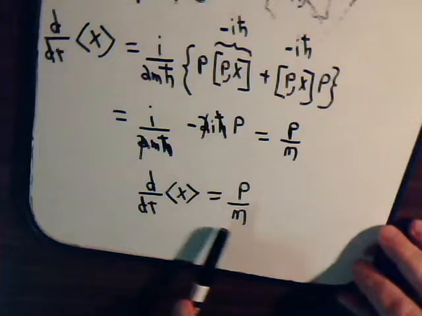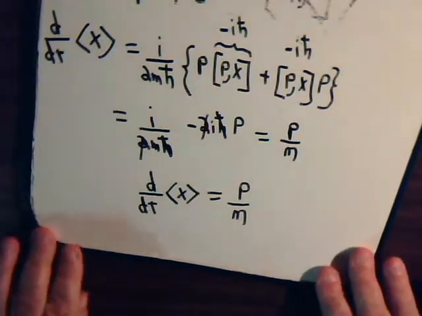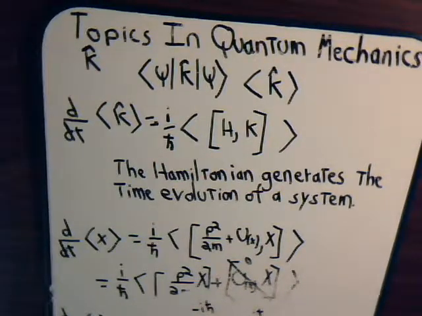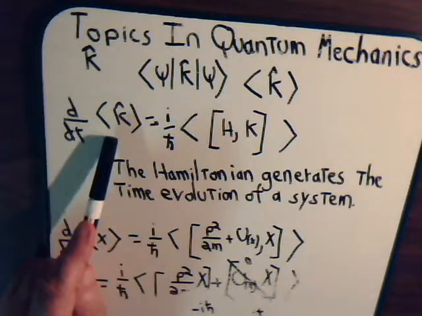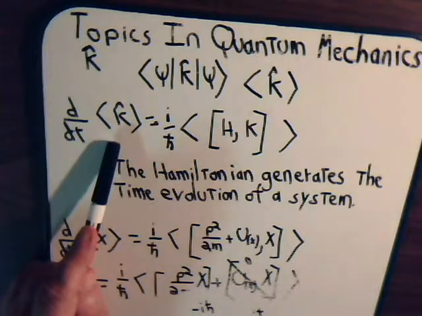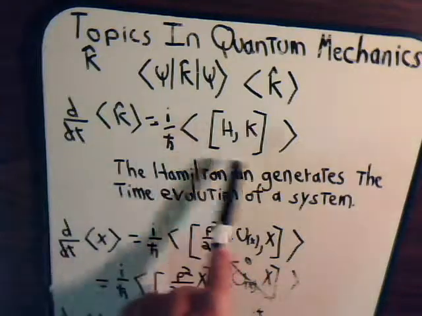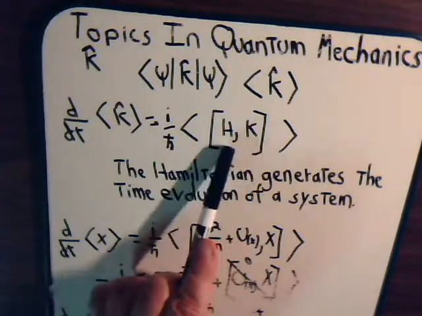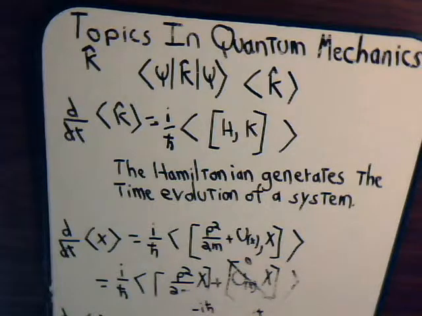And again, the way that we derived this was going back to what we derived in the previous video, stating that the rate of change for the expected value of an observable is this quantity right here, where H is the Hamiltonian. And again that's where the statement derives from, that the Hamiltonian generates the time evolution of the system because you're taking the commutator of the observable with the Hamiltonian.